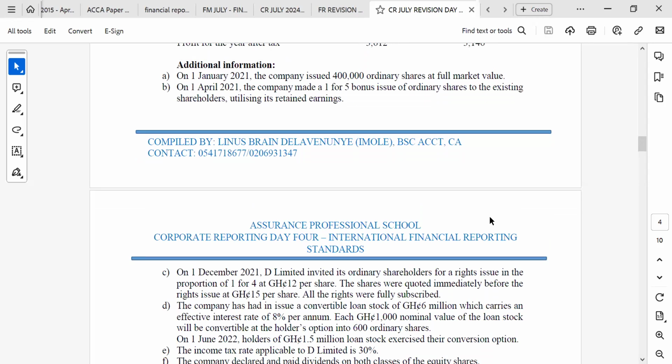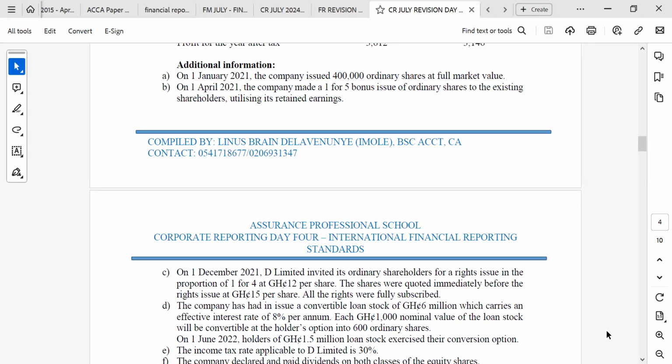Then C, on 1st December 2021, D Limited invited its ordinary shareholders for a rights issue in the proportion of 1 for 4 at 12 cedis per share. The shares were quoted immediately before the rights issue at 15 cedis per share. All the rights were fully subscribed.